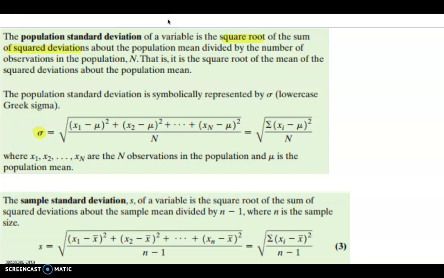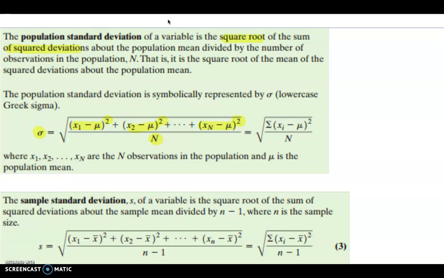That's a lot of English. But basically you take the deviation of the first, square it, the deviation of the second, square it, all the way up to the very last one, and square it, and then we divide by n, the population size. This will give us the standard deviation.